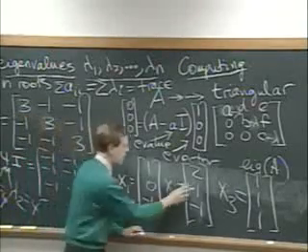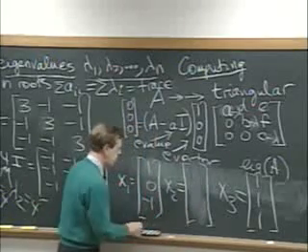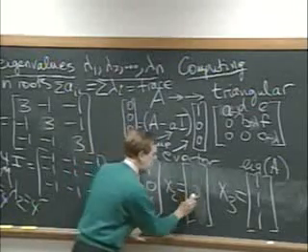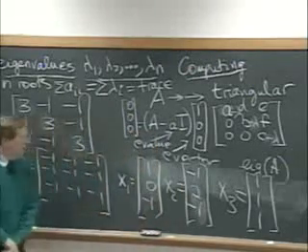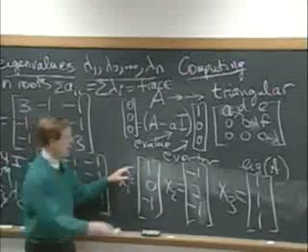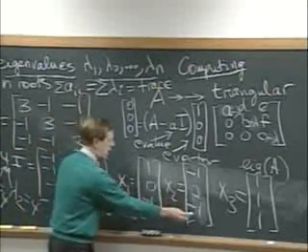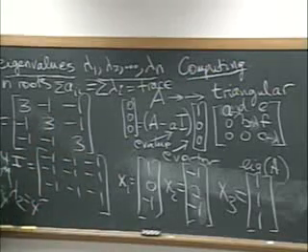Okay, let's try again. We need 3 numbers that add to 0. Maybe if I put the 2 in the middle, will that do it? Yes, because now the dot product of that with that is a minus 1, nothing, and a plus 1. So it is perpendicular.